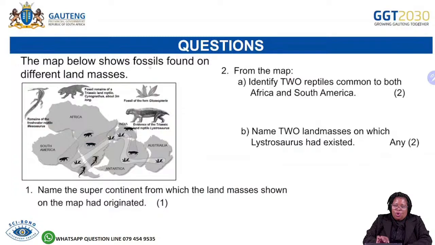The map below shows fossils found in different land masses. So these are different land masses. Remember, previously we had the Pangea, which was one land mass. Over a period of time, continents split into two.